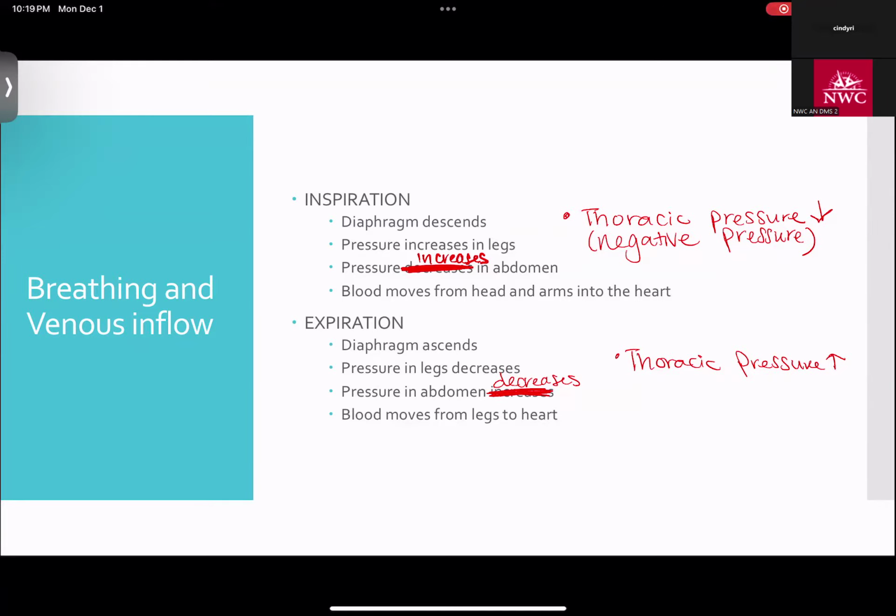So now thoracic pressure increases and releases the pressure in your abdomen. This is pretty easy if you just think of what the diaphragm is doing. Is it moving down or moving up? If it's moving down, it puts pressure on my abdomen. If it's moving up, it puts pressure on my thoracic cavity.